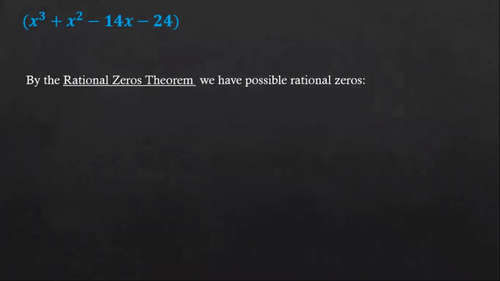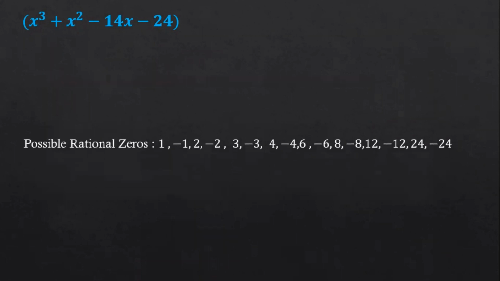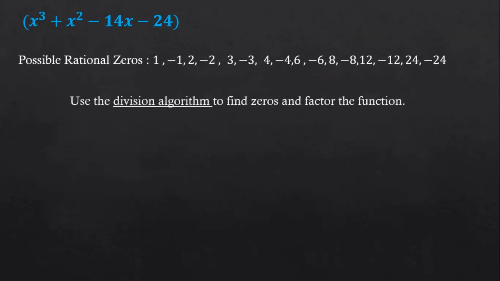So we start the process all over again. We apply the rational zeros theorem. For this cubic, it's factors of -24 over factors of 1. So we get the following list of possible rational zeros. Here's the nice part though. If 1, -1, and 2 were not zeros of the degree 4 polynomial, they are not going to be zeros of the degree 3 polynomial.